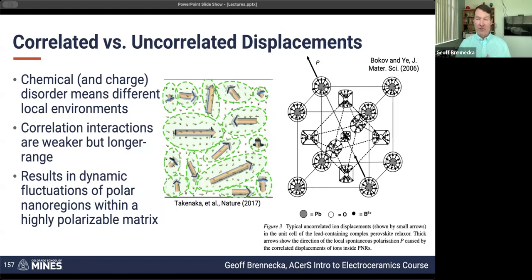In these relaxer materials, because of all of that disorder from the different sites and the different local bond environments, those displacements are uncorrelated with one another. So the ions still want to be sitting slightly off center, but the thermal energy is making them wiggle around and they're not communicating with each other necessarily so that they're all lined up periodically.